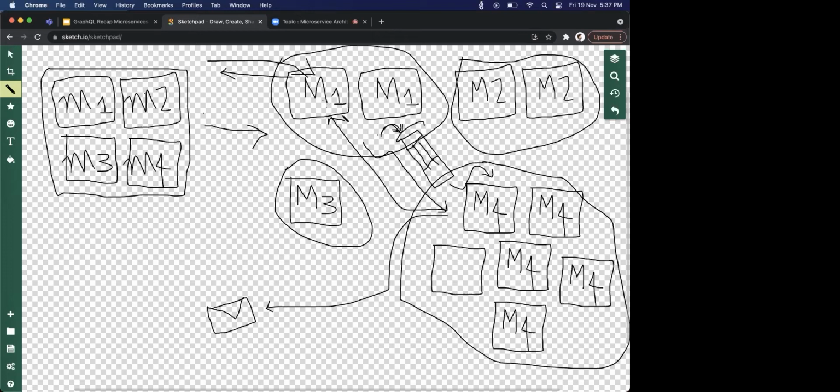So M1 will put that message in a queue like this, and M4 will keep pulling messages from there. Okay, so once that message is processed and the account statement is ready, it will deliver the message via email to the user. So this is one asynchronous use case.